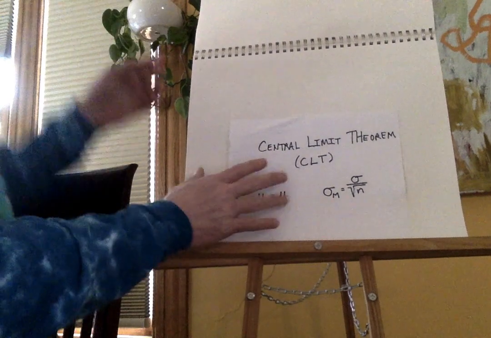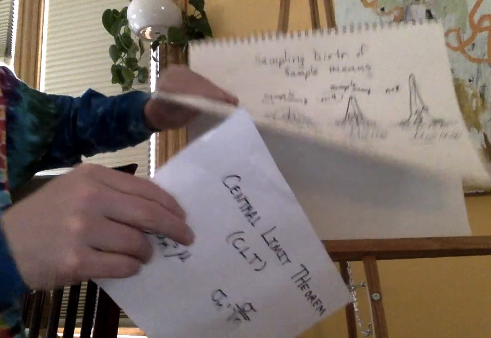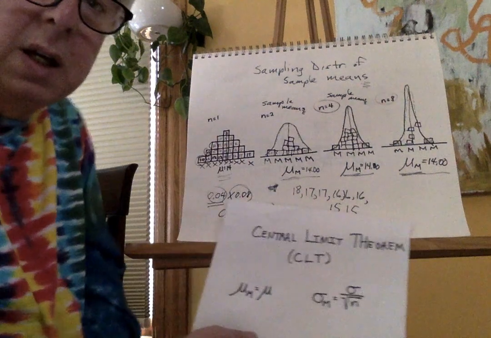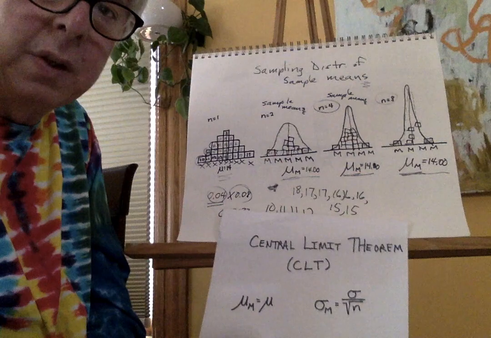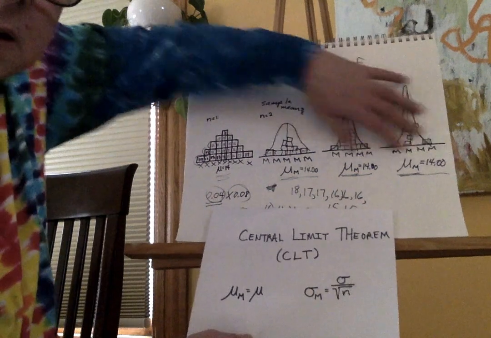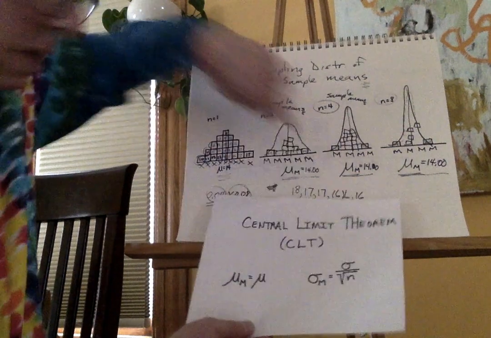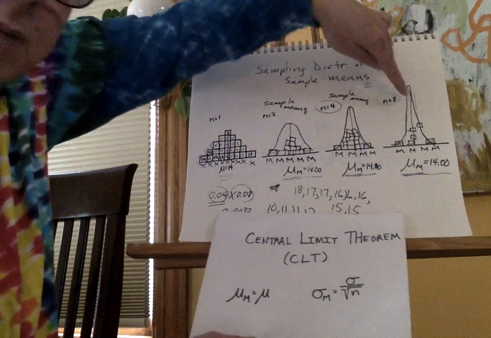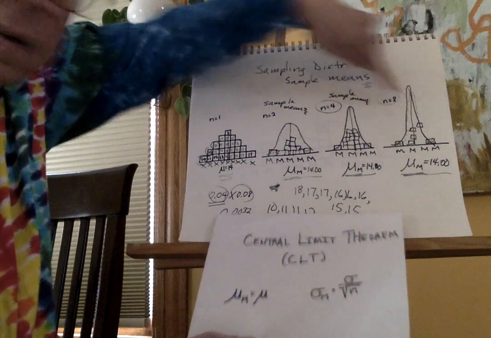Okay? Let's go back to the curve here, and I want you to see how this matches up with the curve. Keep this in mind, and it'll help you understand this, right? My standard deviation is getting smaller as I increase my sample size, not the number of samples.